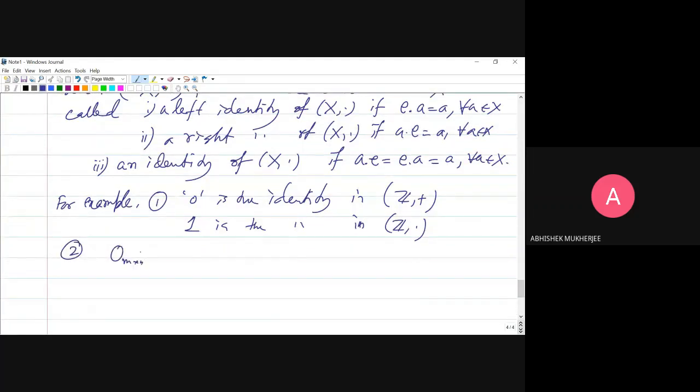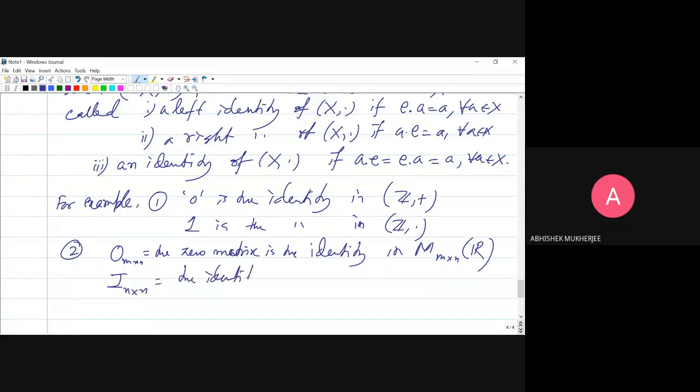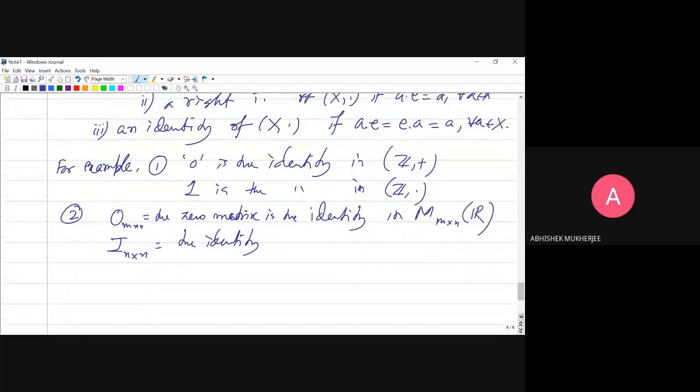The zero matrix of size m cross n is the identity in M m cross n (R) under addition, and I n cross n, the identity matrix, is the identity in M n cross n (R) under multiplication. What is the identity matrix? Whose diagonal elements are 1 and the rest are 0. This is in plus. This is in dot.